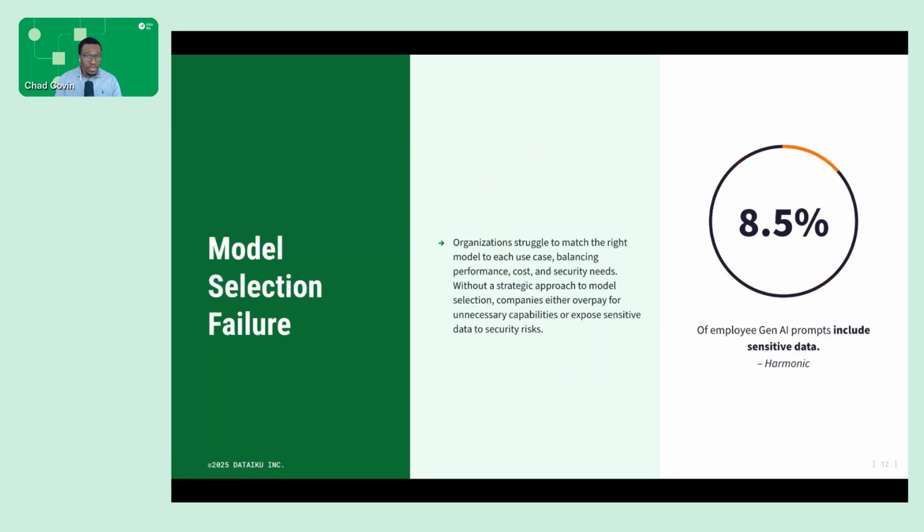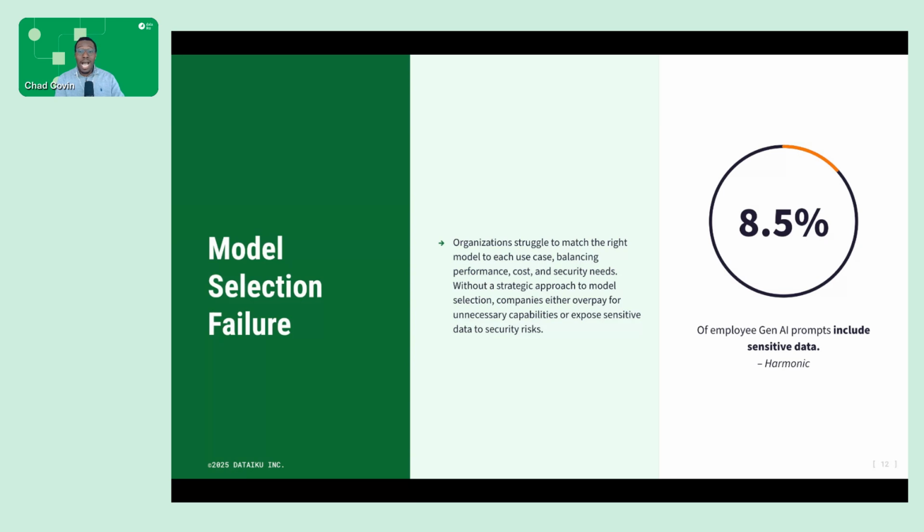Number 2 is the failure point of model selection. Too many organizations default to whatever model is trending rather than what's right for their specific needs. But model selection is not just a performance issue. It's also a security issue. According to Harmonic, 8.5% of employee prompts contain sensitive data.